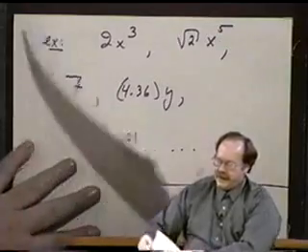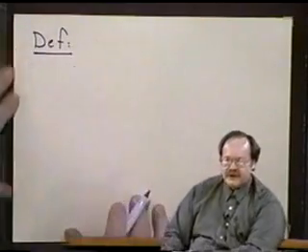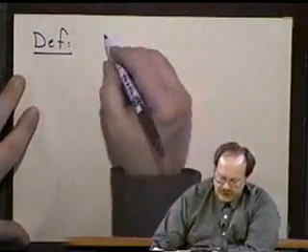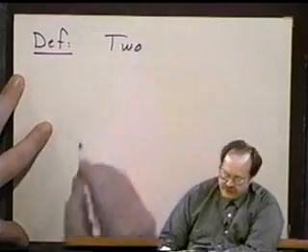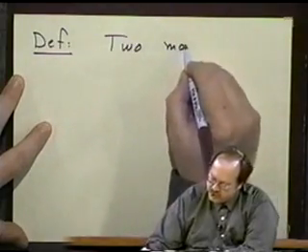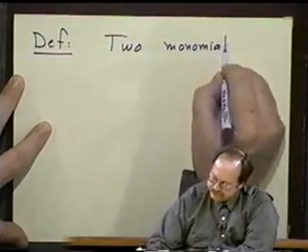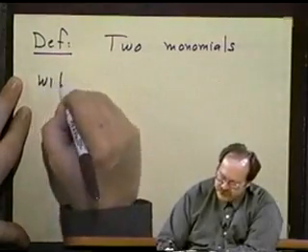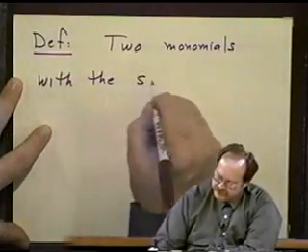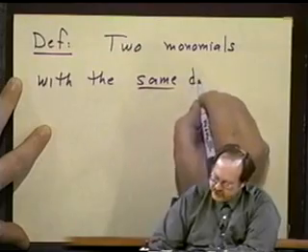Okay. Now that we have these new objects, we ask ourselves, what can we do with them? One of the things we can do is add them, and we'll get a notation, a terminology for that. Two monomials with the same degree, got to have that, with the same degree.